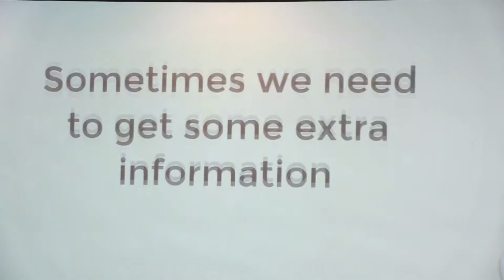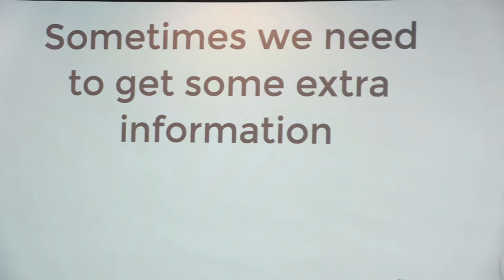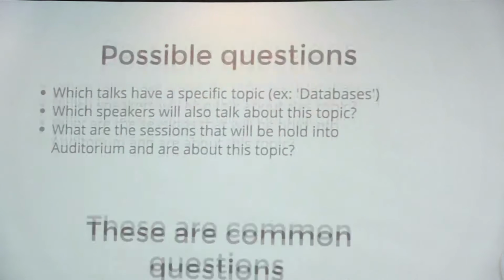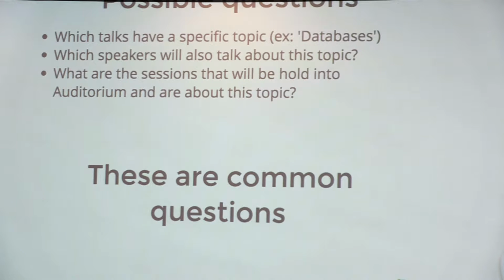So we have some problems here when we are trying to extract some information from this document. So for example, imagine some questions like, which talks have a specific topic, let's say databases? How do you make this query in Mongo? If you have something like tags, you can easily fetch a tag from an array and determine if a session is from the database topic or from a general topic, for example.